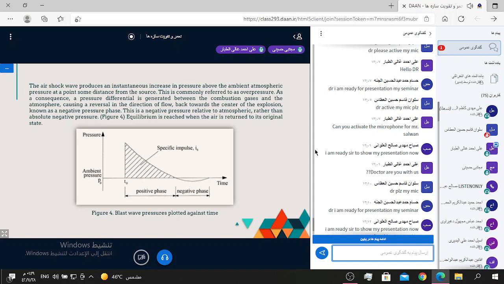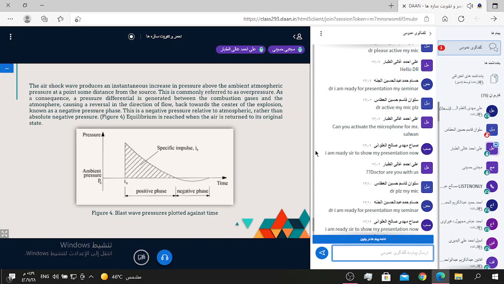The air shock wave produces an instantaneous increase in pressure above the ambient atmospheric pressure at a point some distance from the source. This is commonly referred to as overpressure.